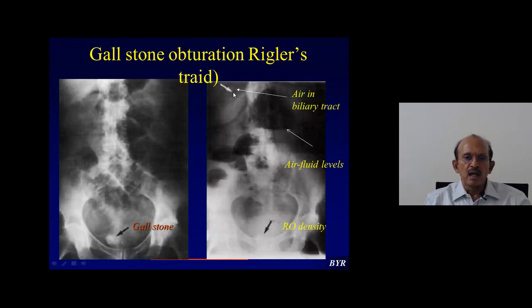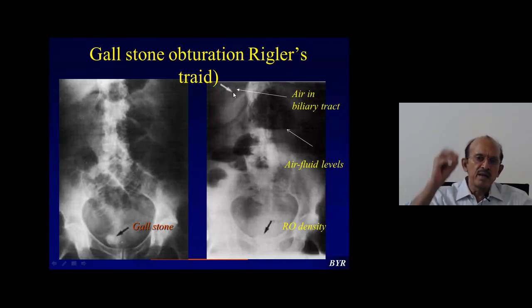Normally, a gallstone can erode into the duodenum through a cholecystoduodenal fistula. Already we have seen it. So the stone passes down, gets obstructed at the ileum, and that opening is there between the duodenum and gallbladder. Through that opening, the air escapes into the gallbladder. So now you can see air in the gallbladder or air in the bile ducts.